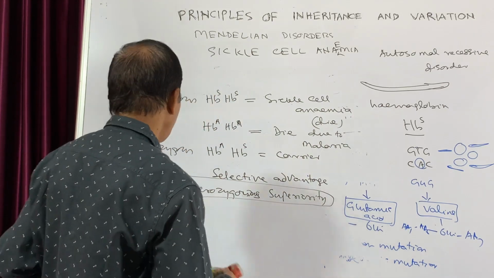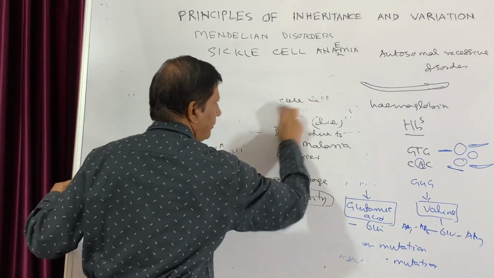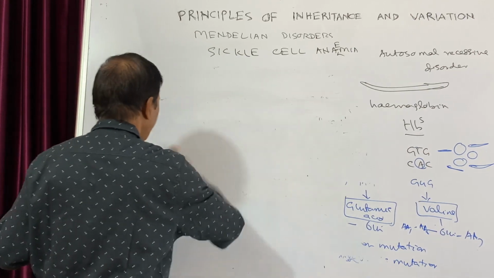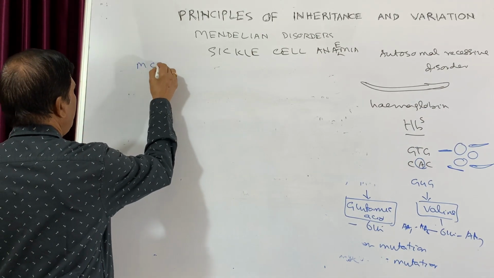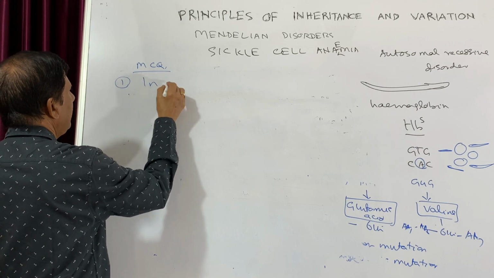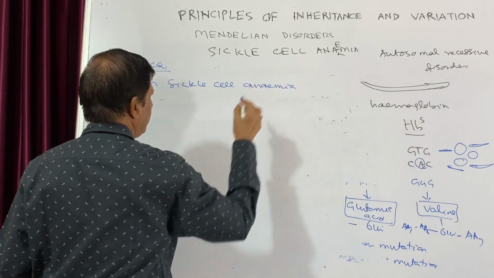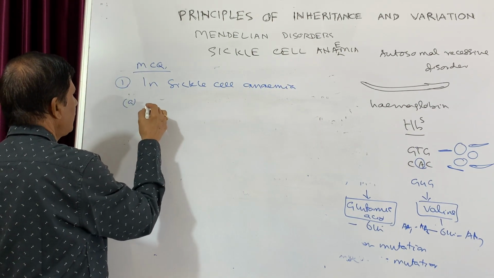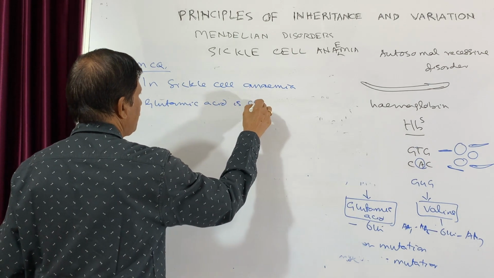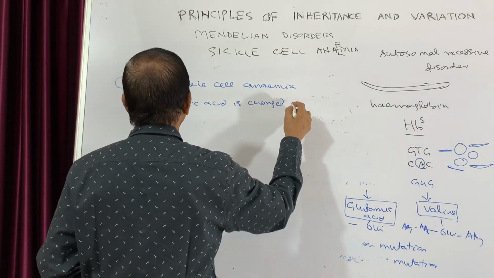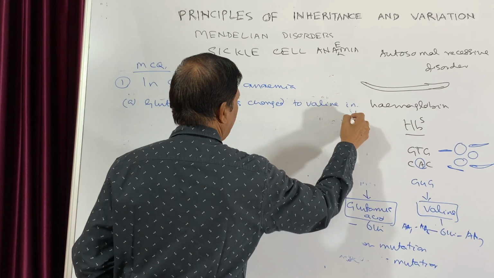Now let us discuss questions. MCQ 1, in sickle cell anemia, one choice, glutamic acid is changed to valine in alpha chain.